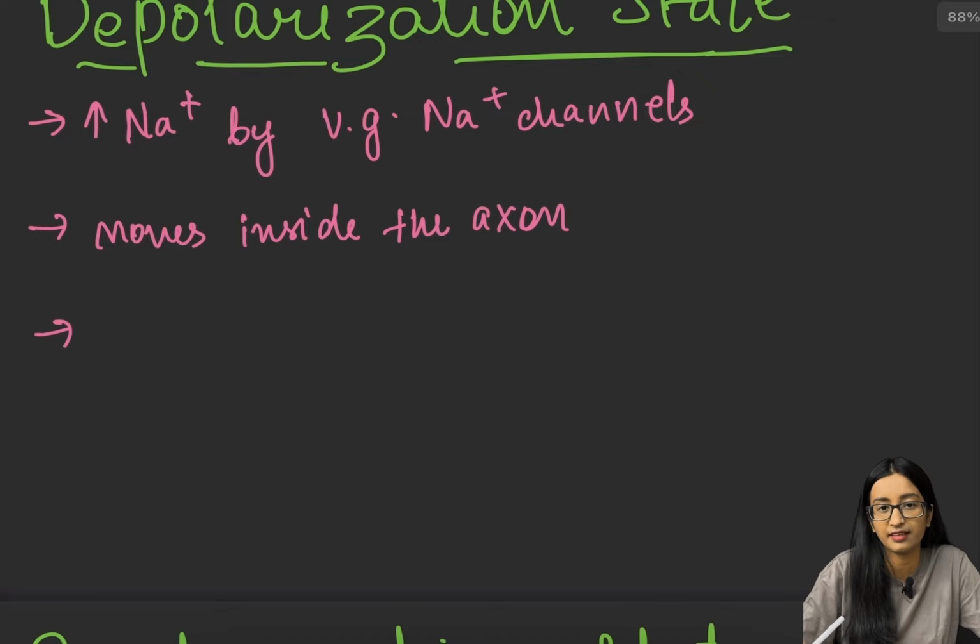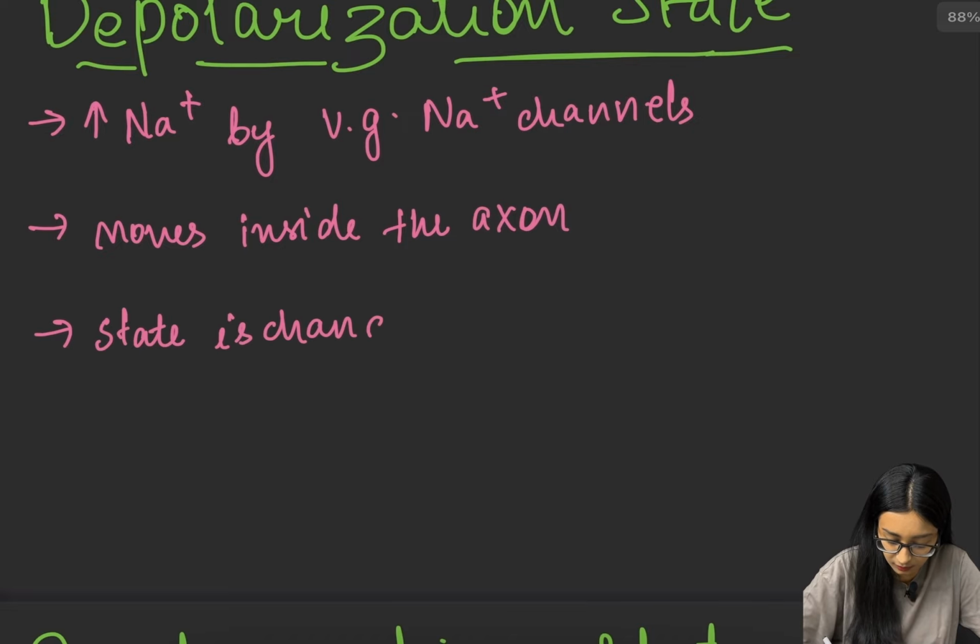That means minus 70 millivolts will go up to zero and even higher. In some cases, like in smaller cells, they will approach up to zero. So because of the depolarization, the sodium has come in and the state has changed from negative to positive.